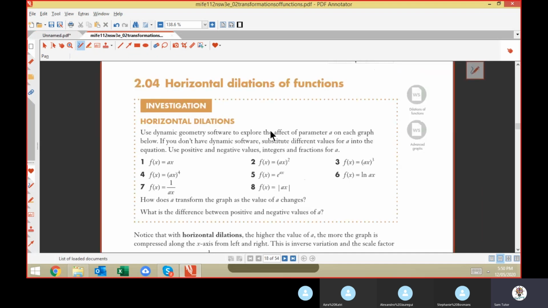Okay, so horizontal dilation attached to the x, not outside of the x cubed, x squared, in front of the exponential, in front of the quartic, in front of the hyperbola, in front of the absolute value.